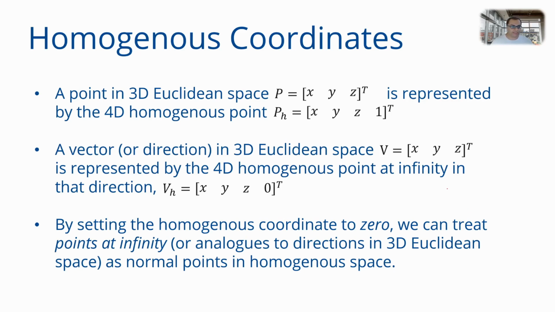So if V, instead of being a point, is a vector, it represents a direction. What if V represents a direction like this?